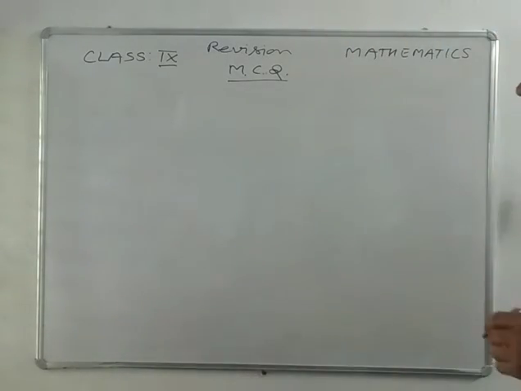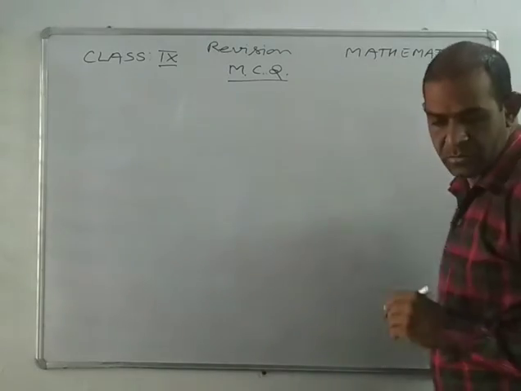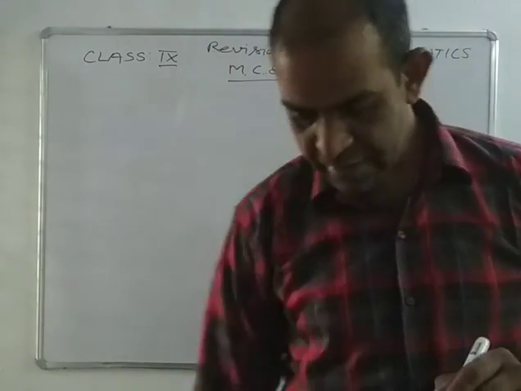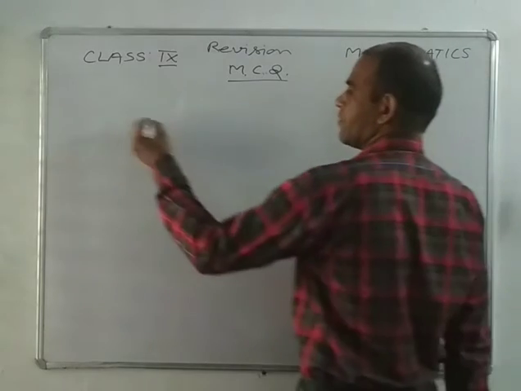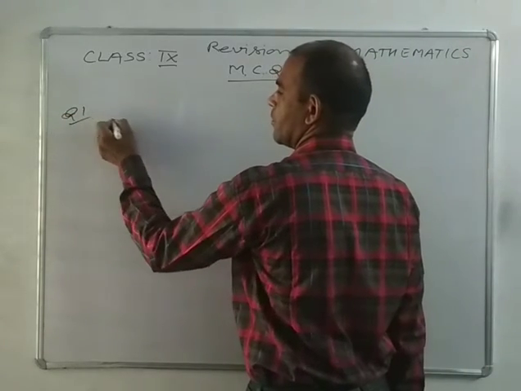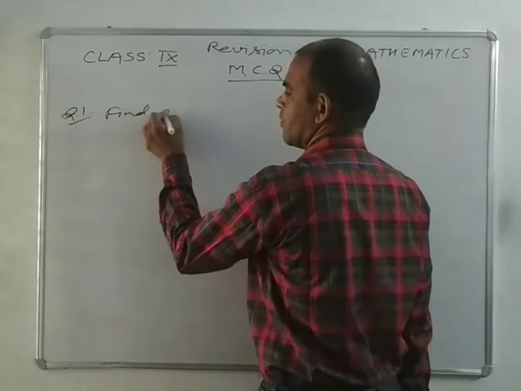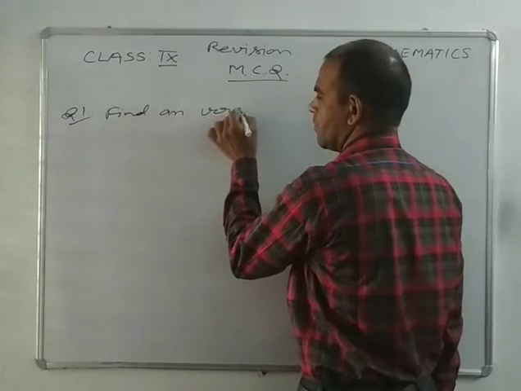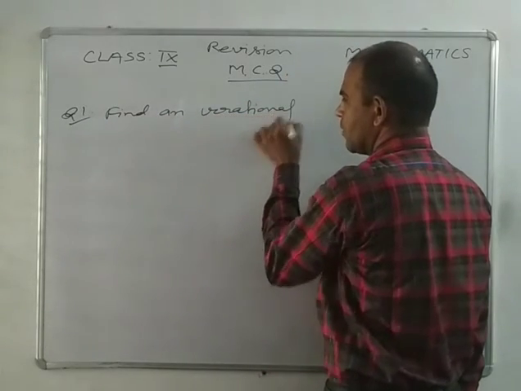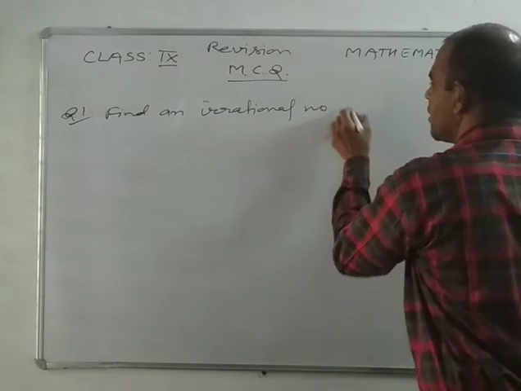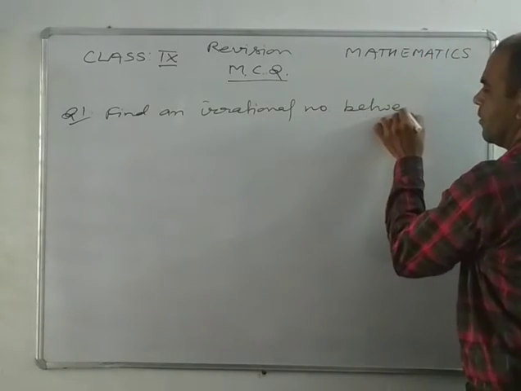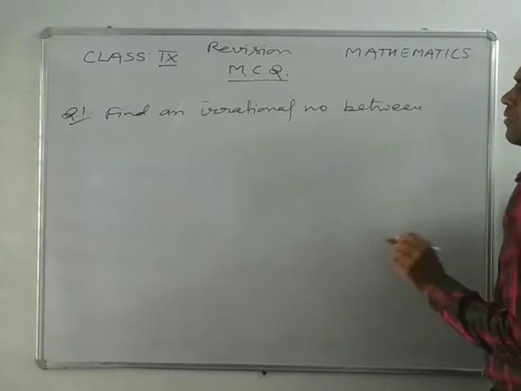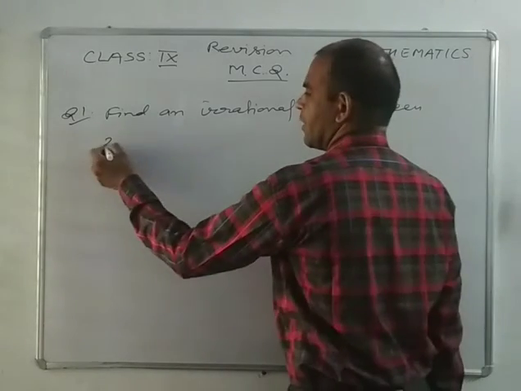First question is, find an irrational number between 2 and 2.5.